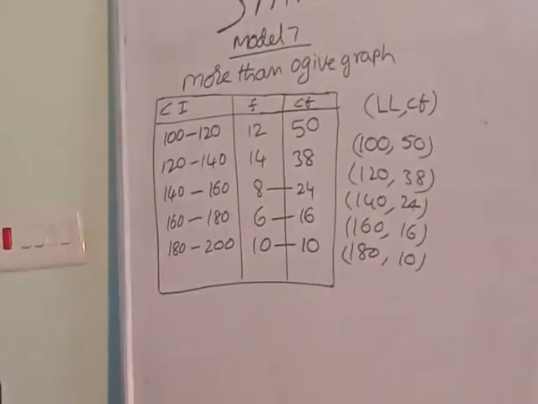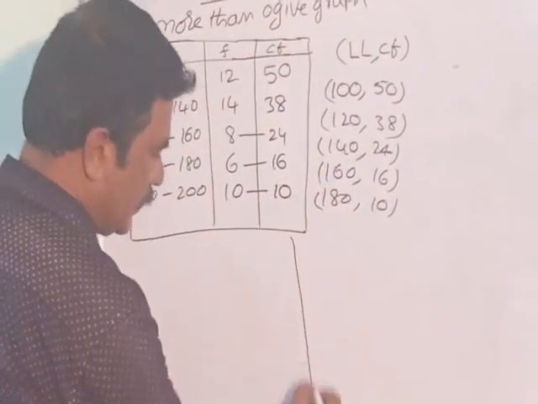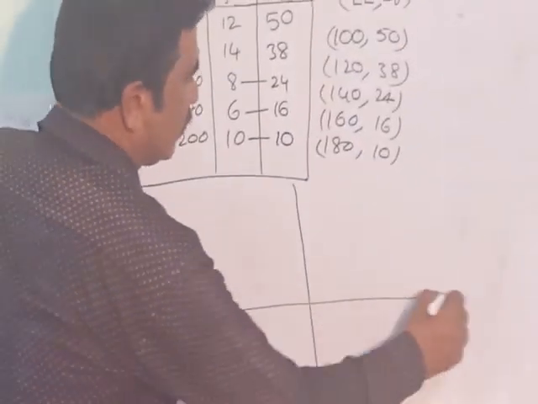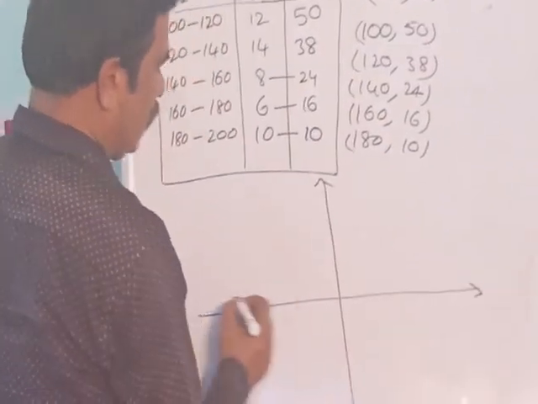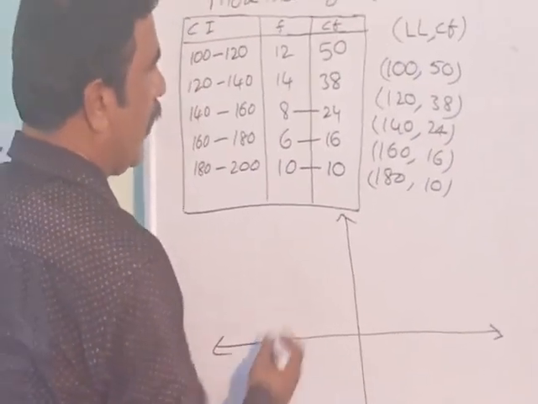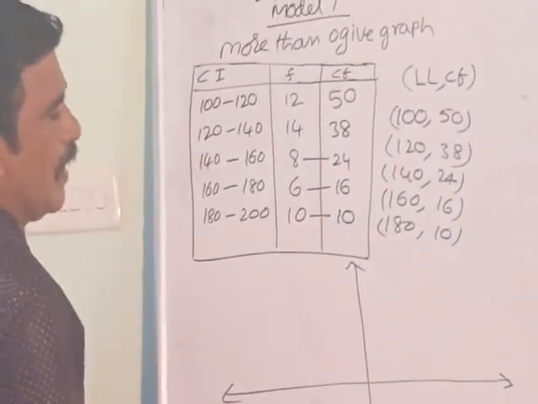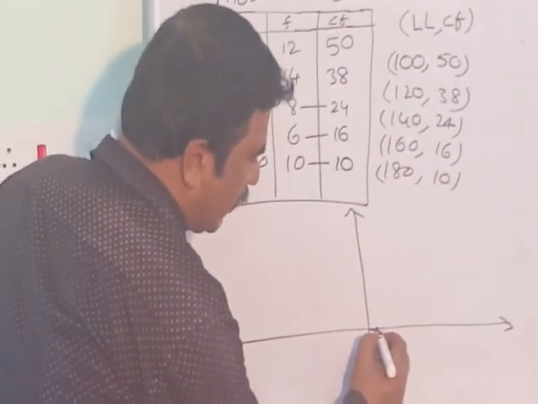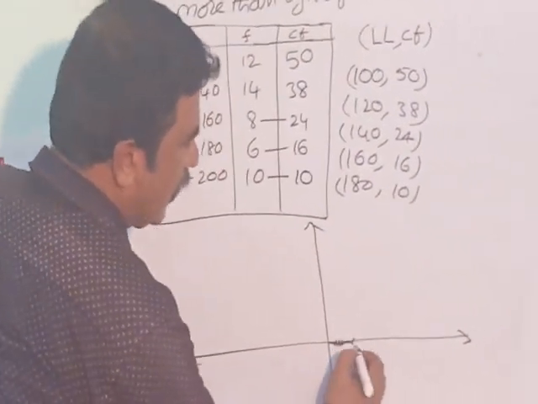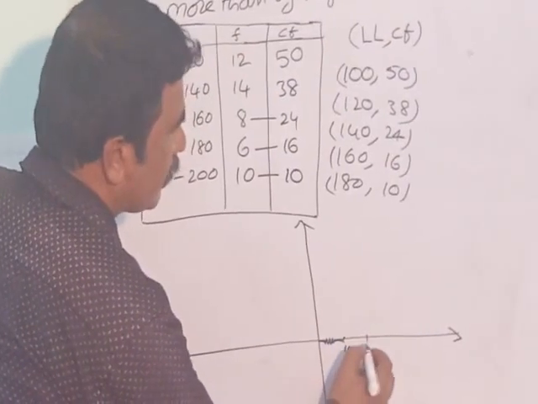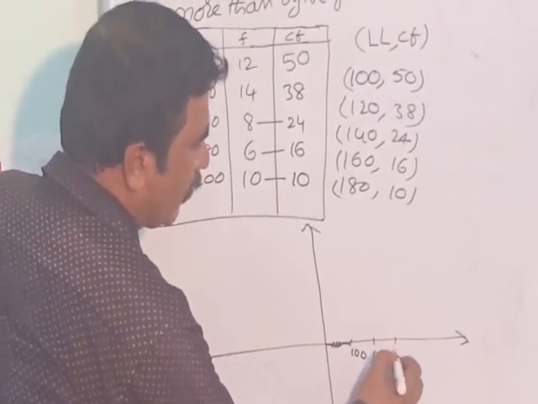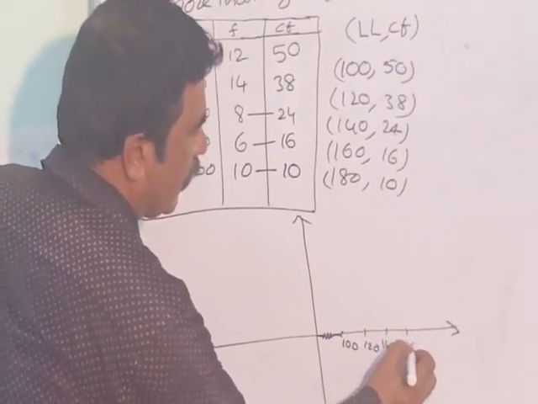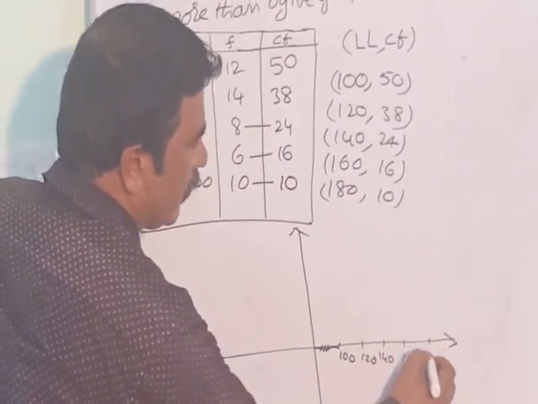Now go for the graph. Take x and y axis. Values 100 to 180 are there. Therefore, the starting point is 100. Take a small kink. Then start 100, 120, 140, 160, 180.